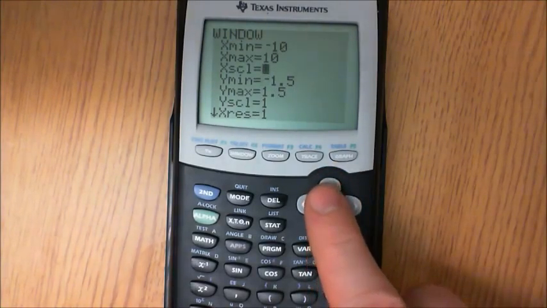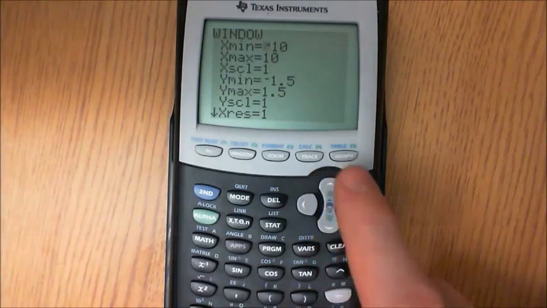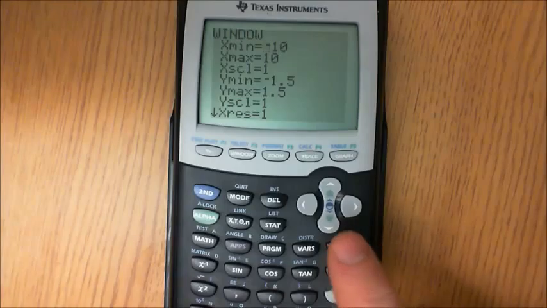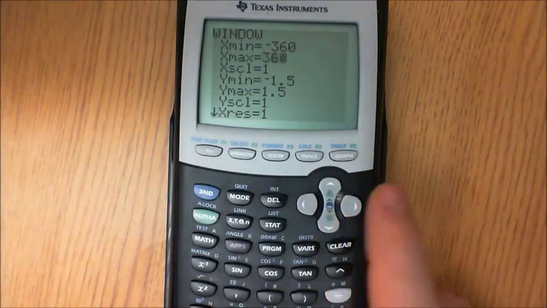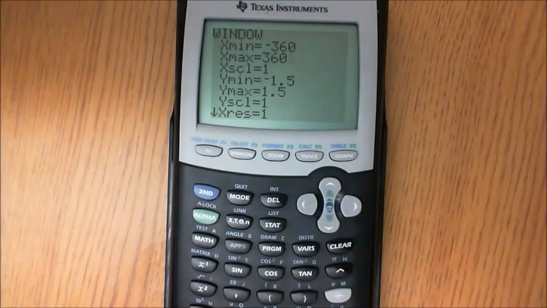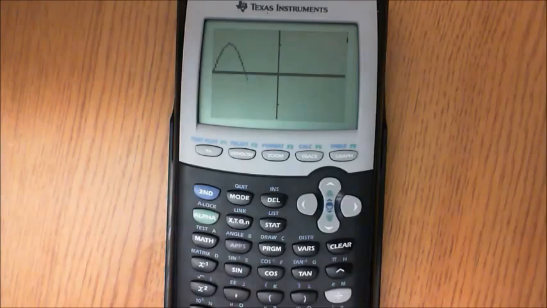So now it's going to zoom in and only show me that portion in the y. And then I know that one full cycle would be -360 back versus +360 forward. So now when I graph, it should give us a very nice representation of 2 full cycles of a sine graph. And check that out.